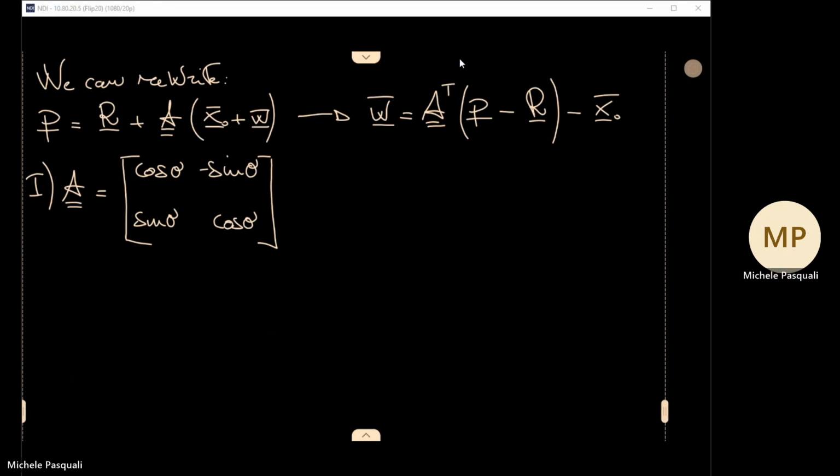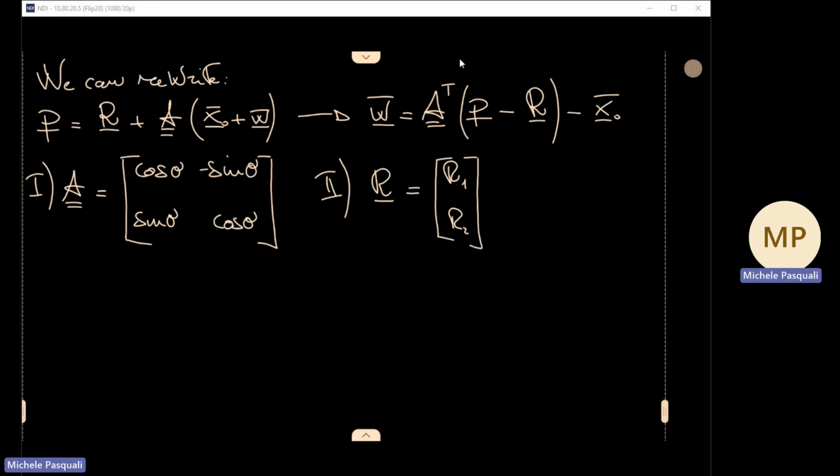R is basically R1 and R2, which are given. They are the position of the local frame, which is, in this case, the element frame.